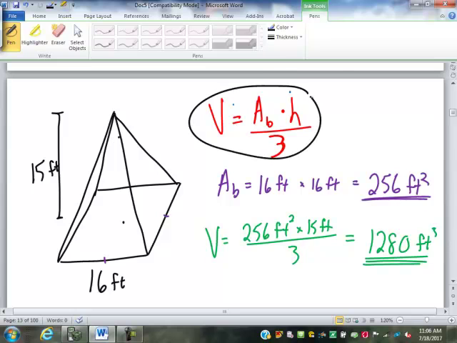So the big thing for a pyramid is you just have to remember for the volume, it's still area of the base times the height. You got to remember to divide it by 3.